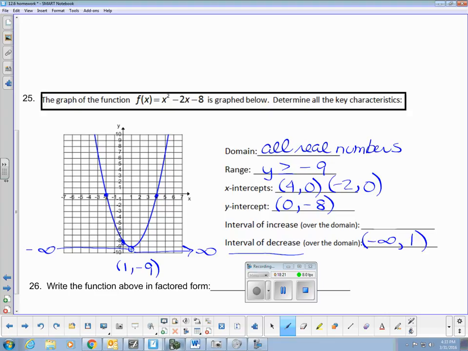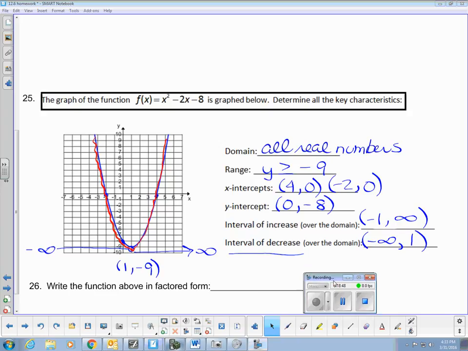And then my interval of increase is from 1 to positive infinity. So when we look at that, let's highlight a few things. My interval of increase is this portion of the graph right here, and my interval of decrease is this portion of the graph right here.